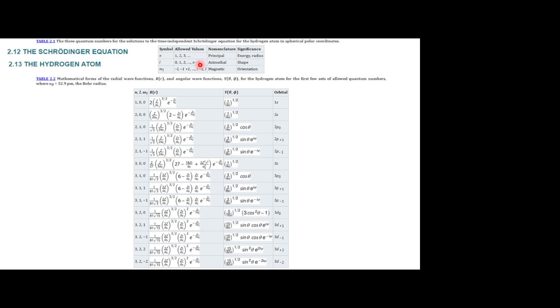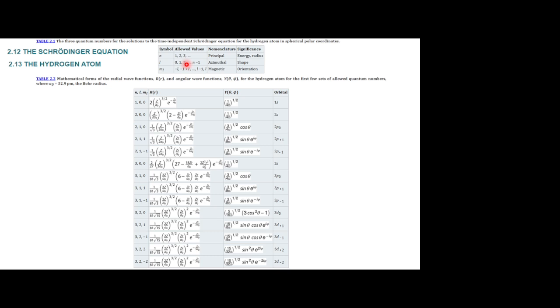This is the principal quantum number. That's the number that matches up with the period, right? This is the energy or radius of that orbital. This right here is the shape that dictates s, p, d, f.